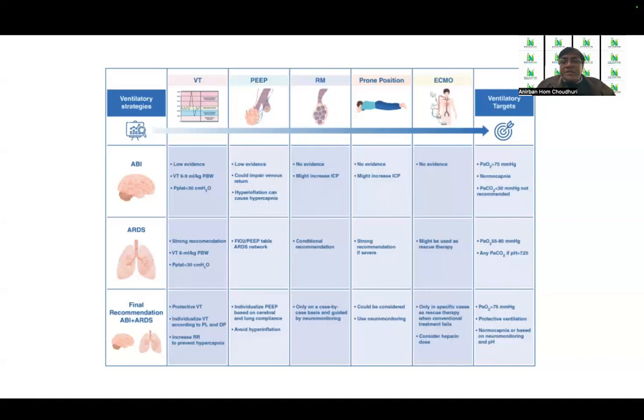So this is, in a nutshell, the basic steps one can follow while ventilating a patient with brain injury. Although this is not complete, it gives a sketch and creates an impression on what should be avoided and what should receive priority.